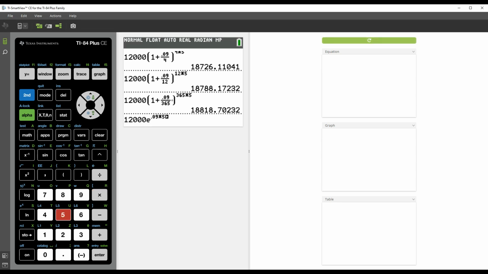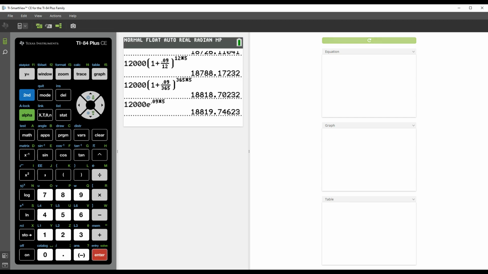So E replaces this because E represents having done the compounding so often, they call it continuously. And as you can see, if you did it every second of every minute of every hour of every day, at that point, it only got you another $1. And there's no way to make that any better.